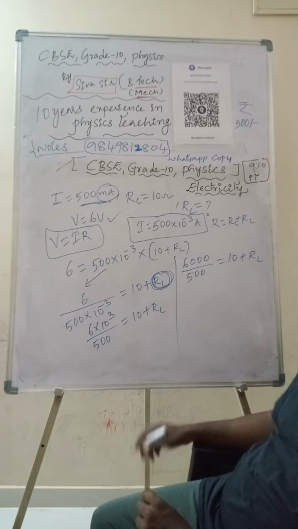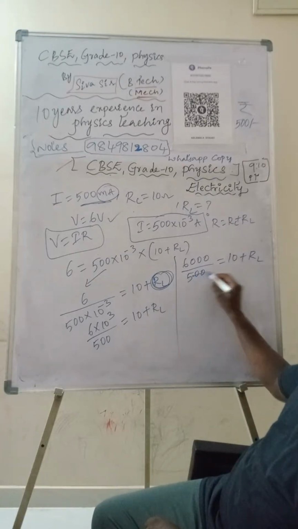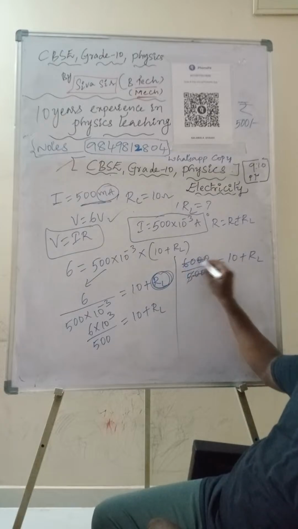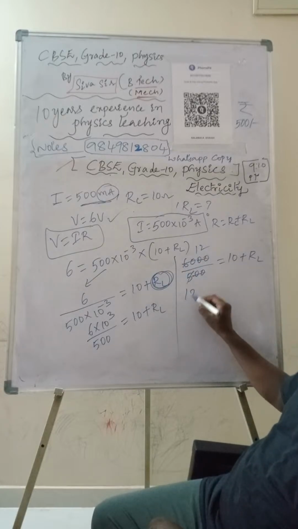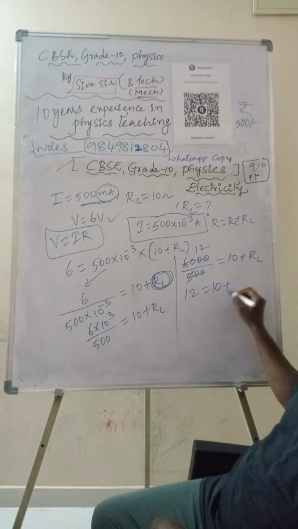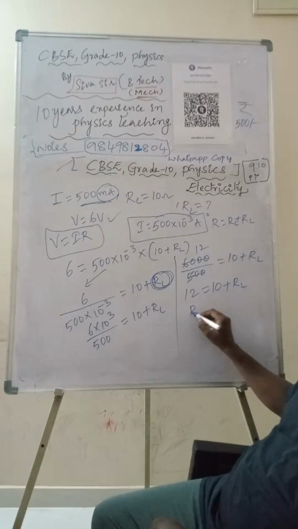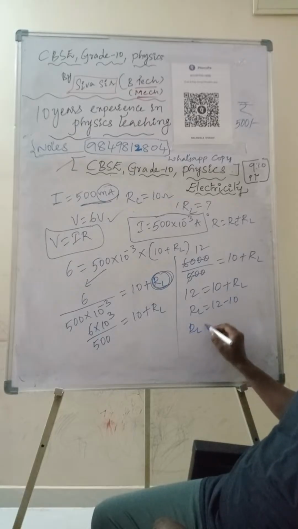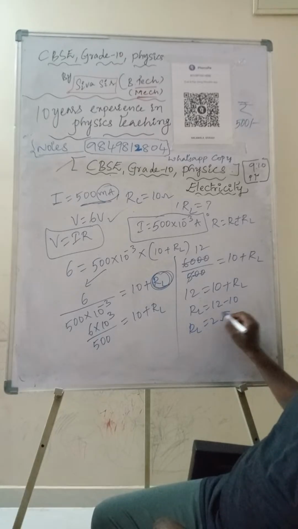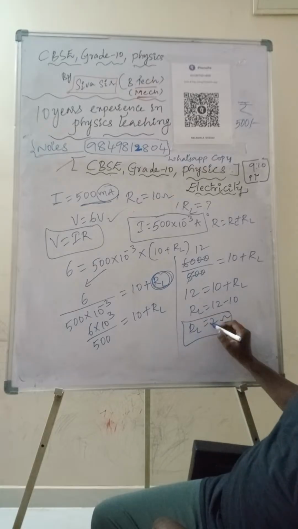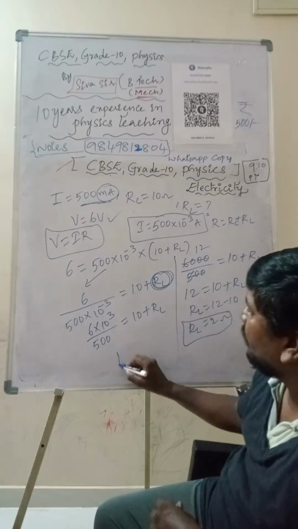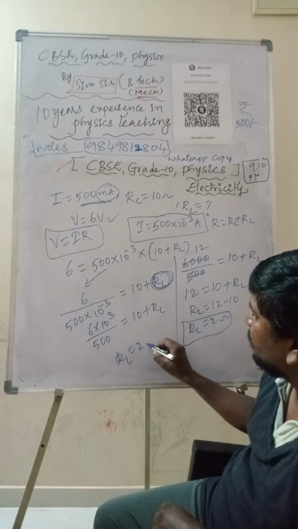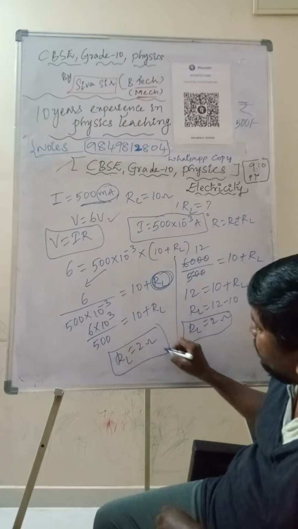Okay, so here you can see the zeros get cancelled, so we get 12 equal to 10 plus RL. So RL equals 12 minus 10, then RL equals 2 ohm. This is the answer. So RL equal to 2 ohm, this is the final answer.